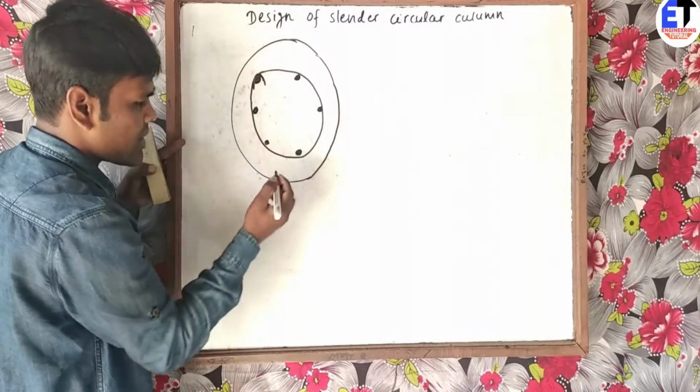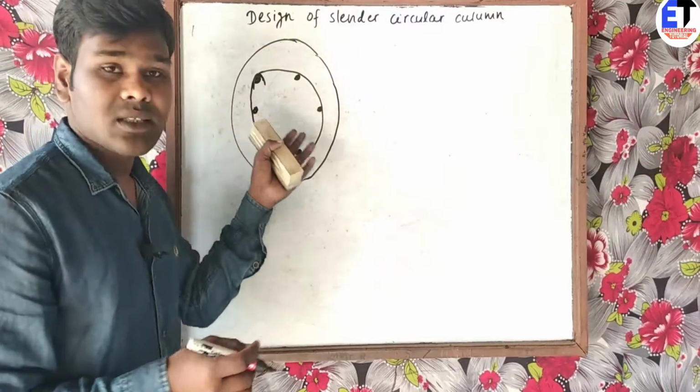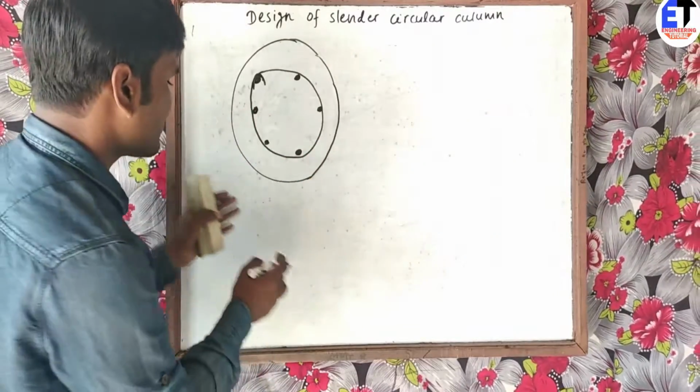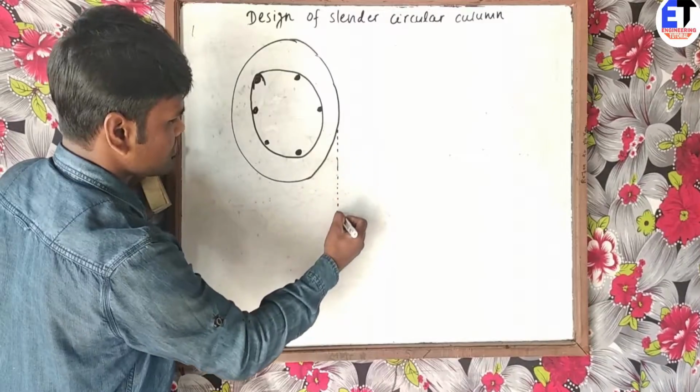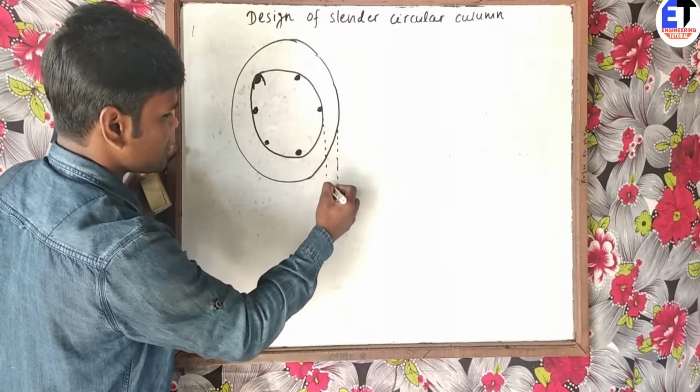Now if we see this section from the front view, our structure looks like this.